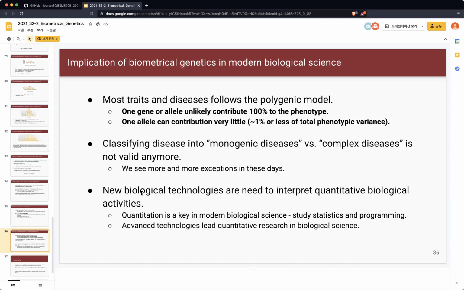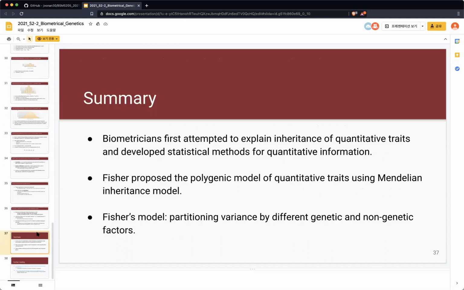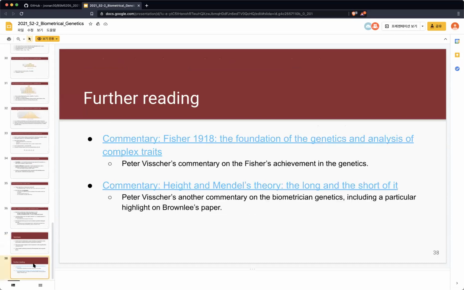Now we can interpret the quantitative nature of biological activities, and these things clearly indicate that the polygenic model is correct, right? We will come up with more examples in a later section, but keep that in mind. Okay, so you can read the summary.